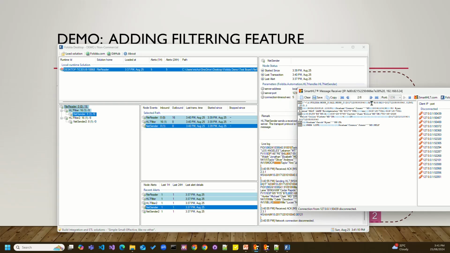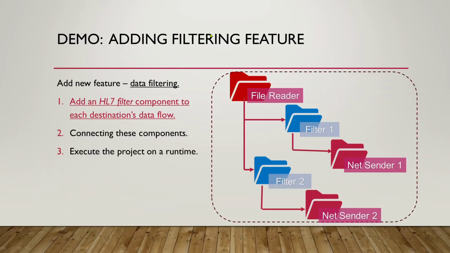Yeah, and they are ADT messages coming through the destination of port 1236. Okay, now you have a setup that allows you to send different data, depending on the content of the file, to different destinations. That's something useful if you want to split the data to different destinations.